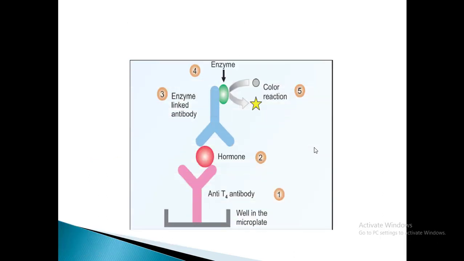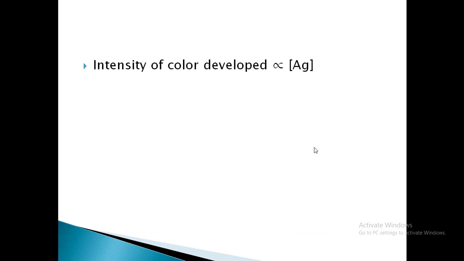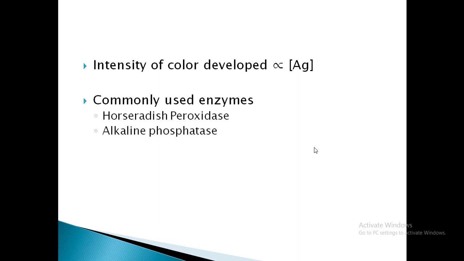So that is your heterogeneous assay. In homogeneous, you don't remove the unbound form of labeled antigen or antibody. So intensity of color developed is directly proportional to the concentration of antigen, right? By spectrometric technique, we quantitatively assess the antigen concentration.